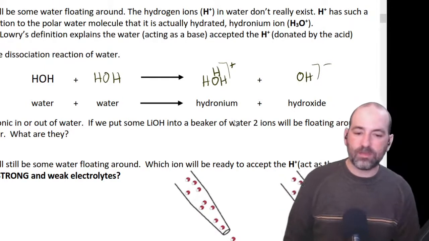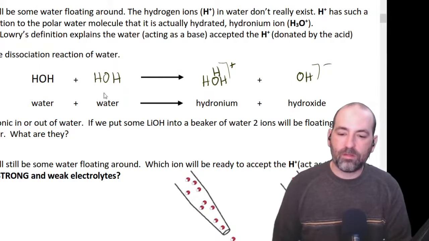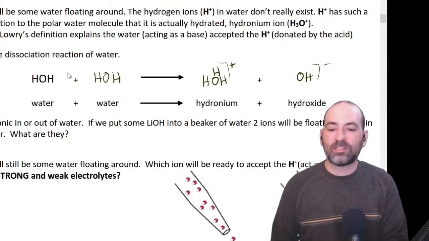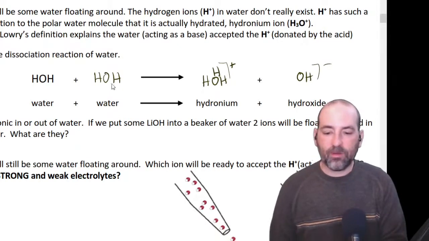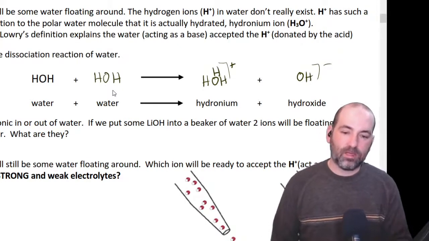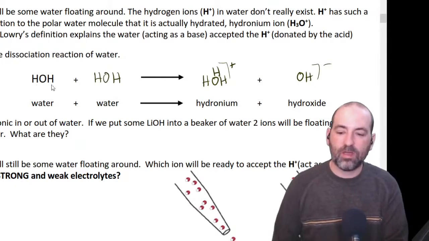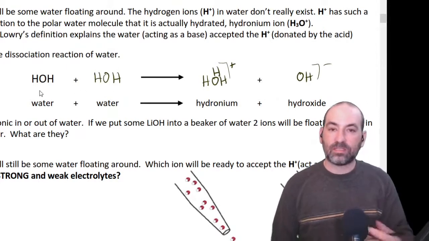If we look at this reaction, this molecule on the left is acting as an acid by the Bronsted-Lowry definition, giving up its hydrogen, and this other water molecule is acting as the base, accepting the hydrogen.